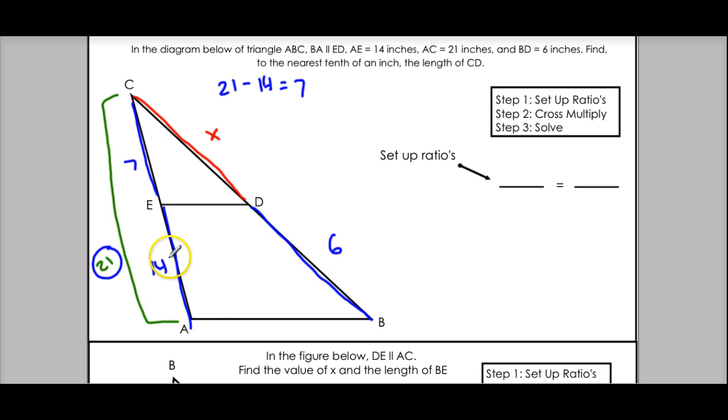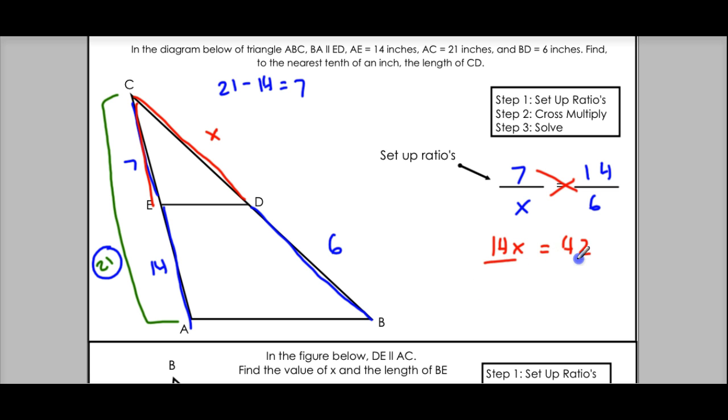Now that I have each one of these pieces, I could set up my proportion. And that is 7 is to X, equal to 14/6. What we're going to do here is just cross multiply. X times 14 is 14X. 7 times 6 is equal to 42.